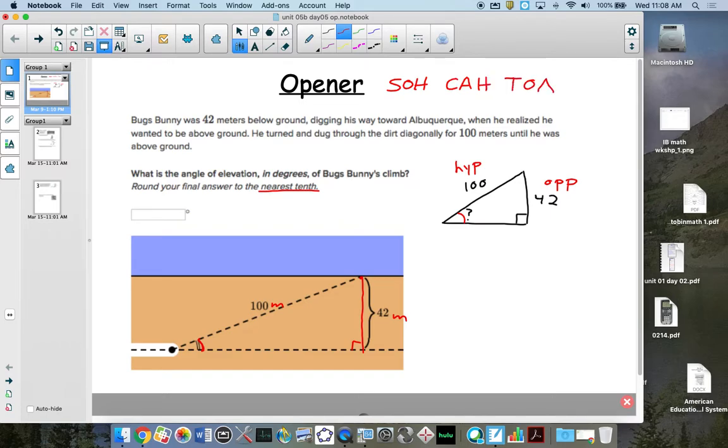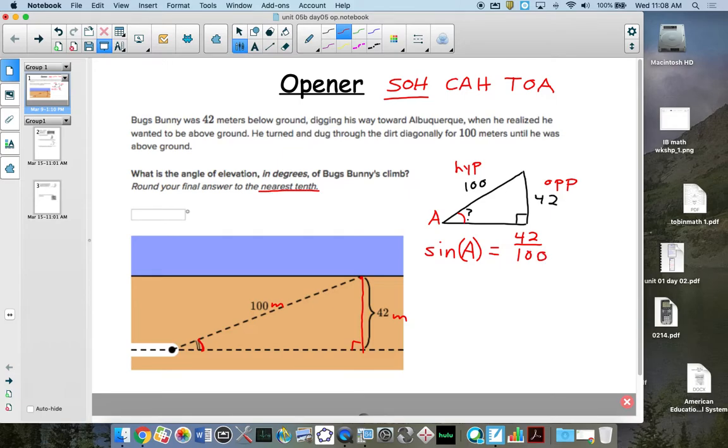If you remember, the sine uses opposite and hypotenuse. So we're going to write a sine equation. The sine of the angle, let's call it angle A, is equal to the opposite leg over the hypotenuse.